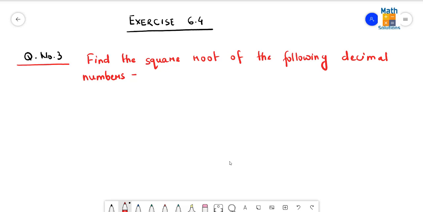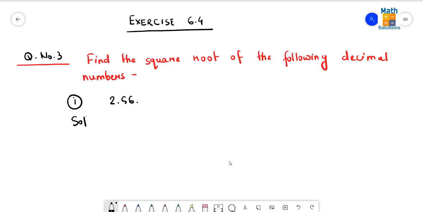So in the textbook, in question number 3, there are 5 decimal numbers given, of which we have to find the square root. So I'm picking up a few out of these. Say I'm taking the first number. This is Roman 1, and that is 2.56.